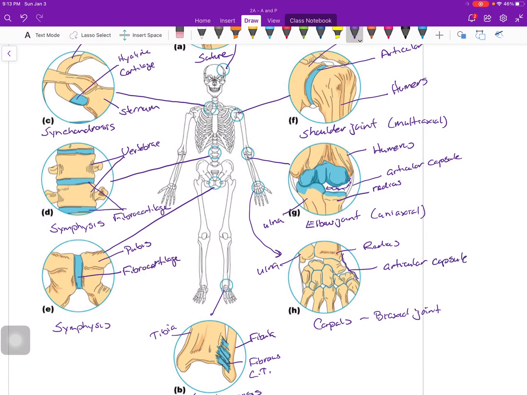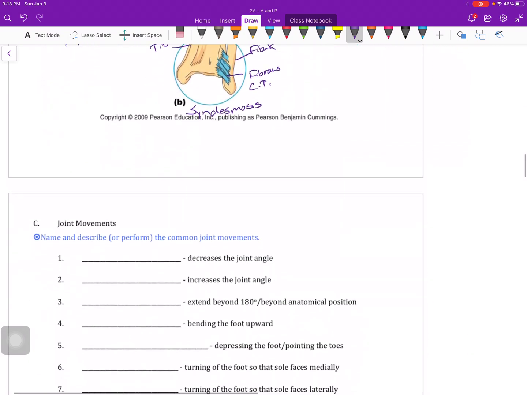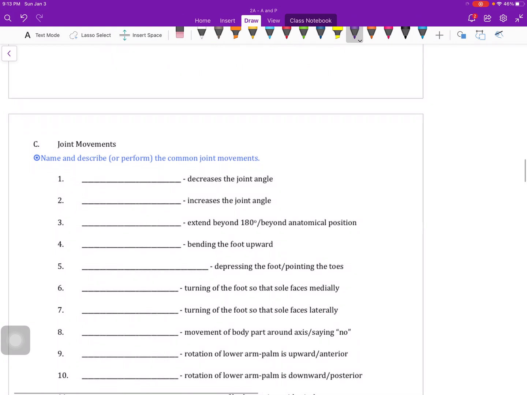All right, so moving on in our notes, let's talk a little bit about joint movements. And here we get to name or describe or perform, because that's a thing, the common joint movements. All right, so flexion. Sun's out, guns out, right, guys?